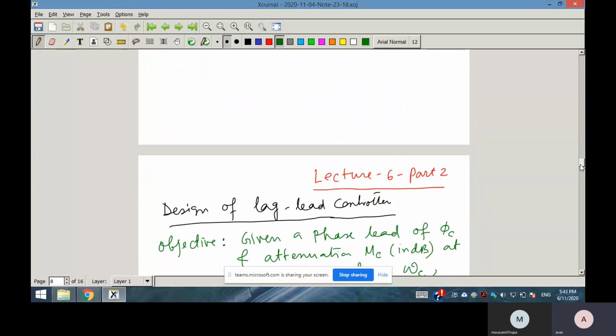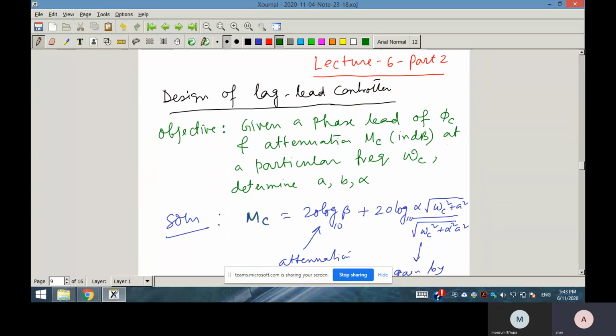One is the steady state error specification, then phase margin, and some gain crossover frequency. The steady state requirement will be met by the servo gain part, that is K, and the phase margin and gain crossover frequency part will be met by the normalized controller part. So using lead, lag or lag lead.